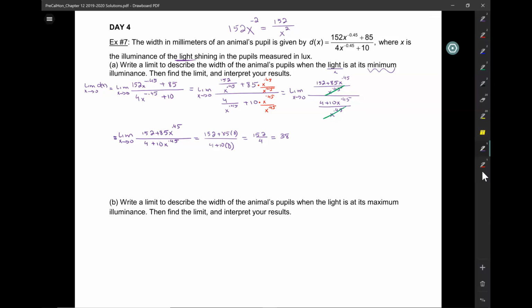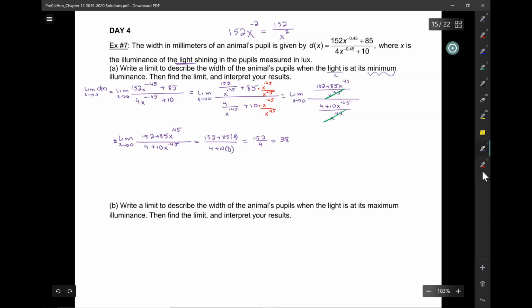Okay, so that's that. And now it says find the limit and interpret your results. So the interpretation of this, what is the meaning of this? As x approaches 0, x was the light.